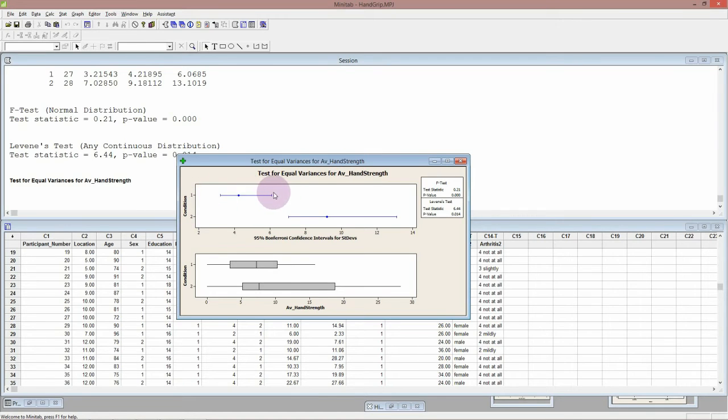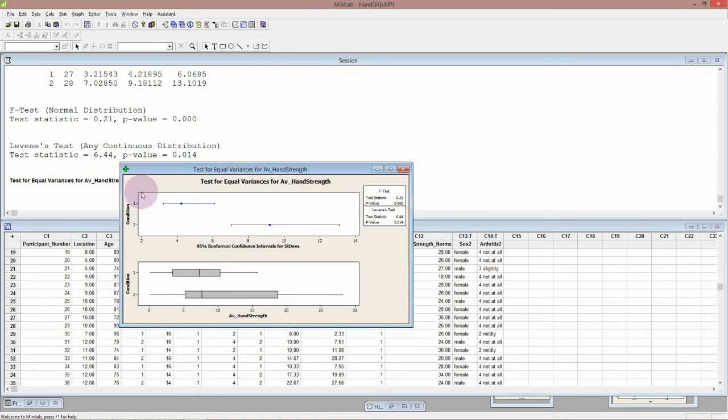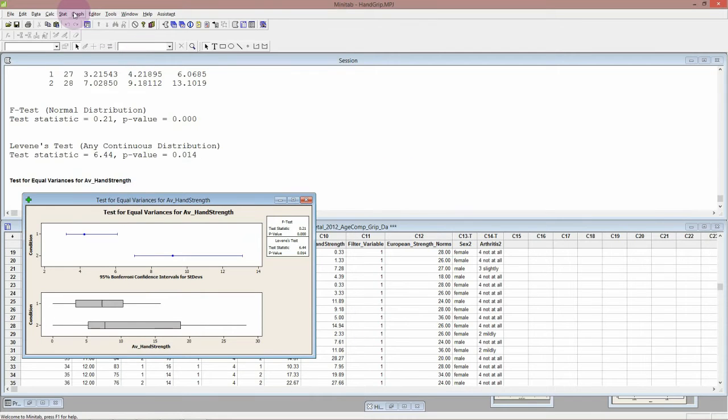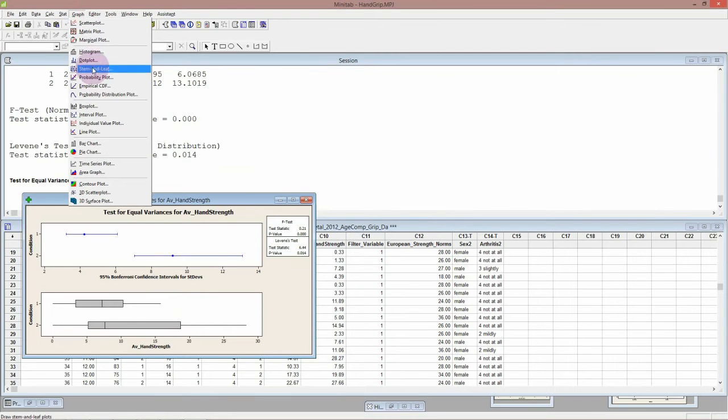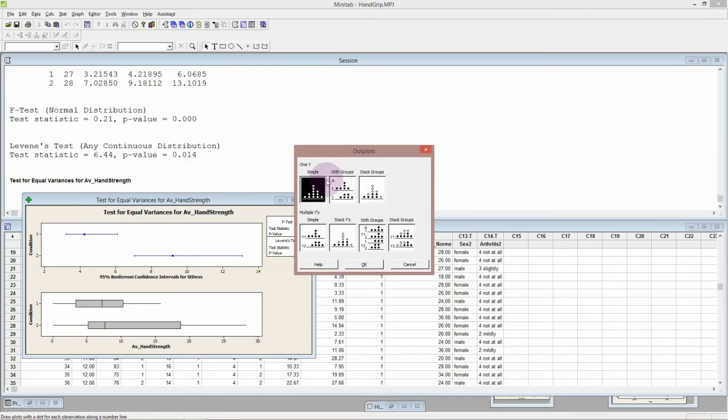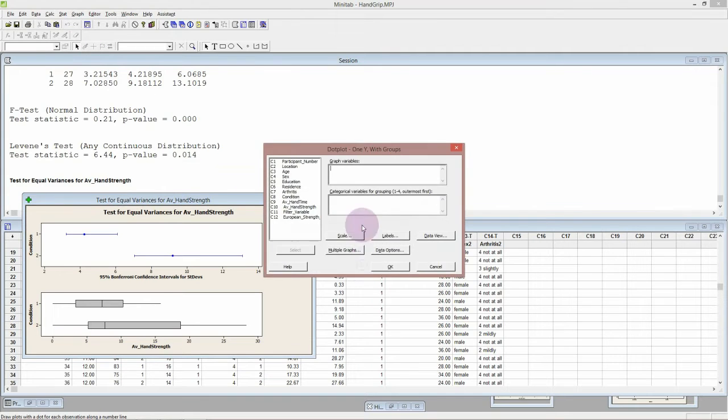But what I'm interested in here is that this is a case where we've got a lot more variation in condition 2 than we have for condition 1. To see how that works, we can go to graph and let's try a dot plot just for fun with groups. The graph variable is hand strength over condition.